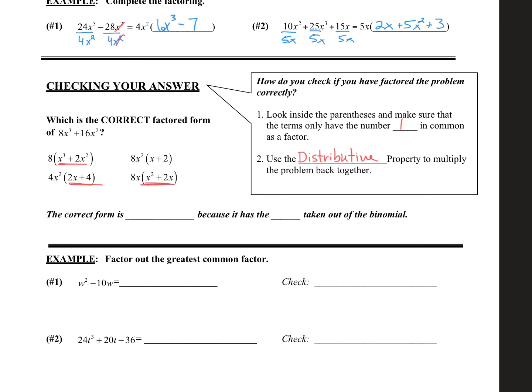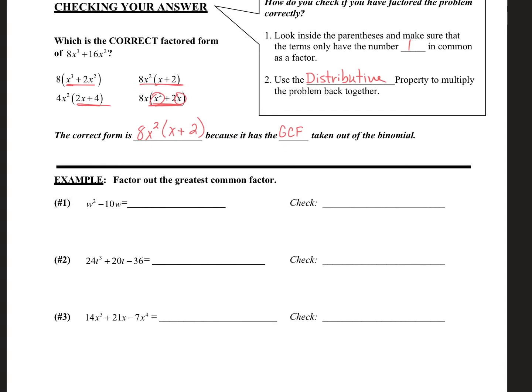Here we have an x in common. We have an x here and an x there. But we can see up here that x and 2 don't have anything in common. So the correct factored form is 8x squared times x plus 2. And that's because it has the GCF taken out of the binomial.